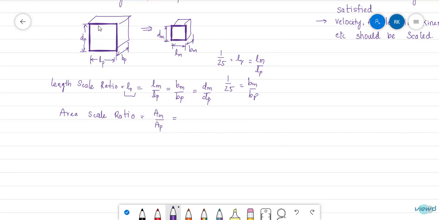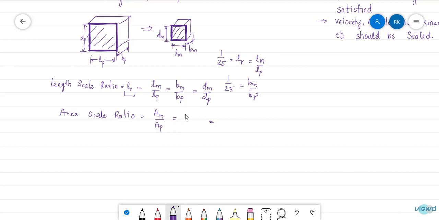Now let us say this side: LP DP for the prototype, and LM DM for the model. So this is area of model by area of prototype. Anytime the scale ratio will be model by prototype only.